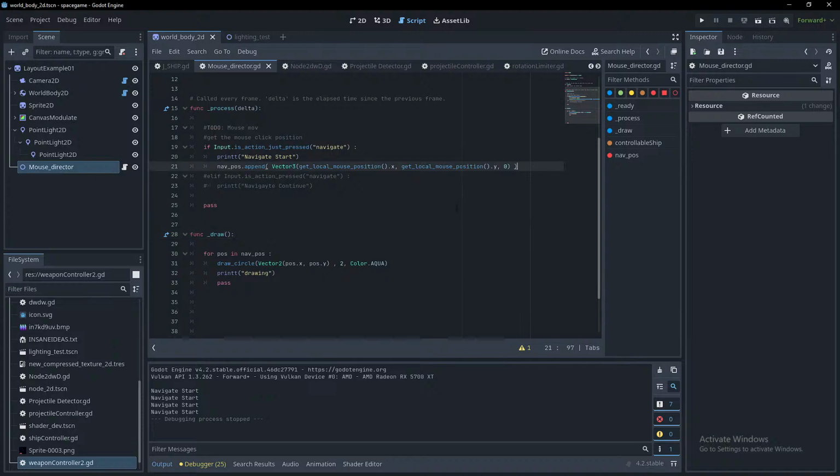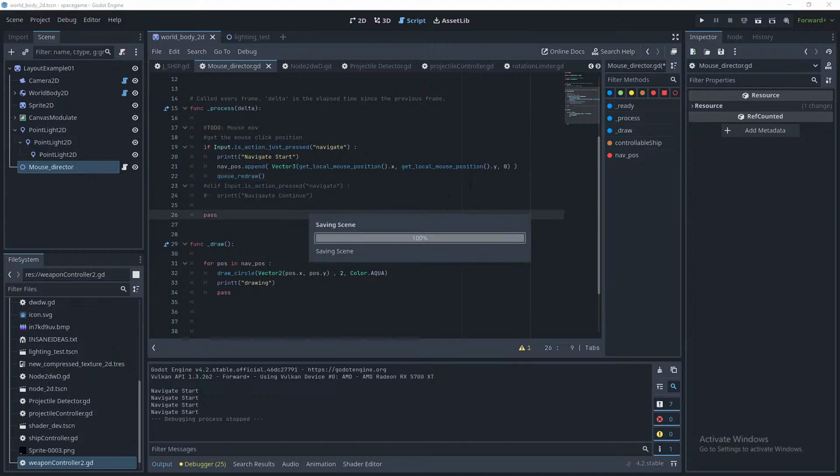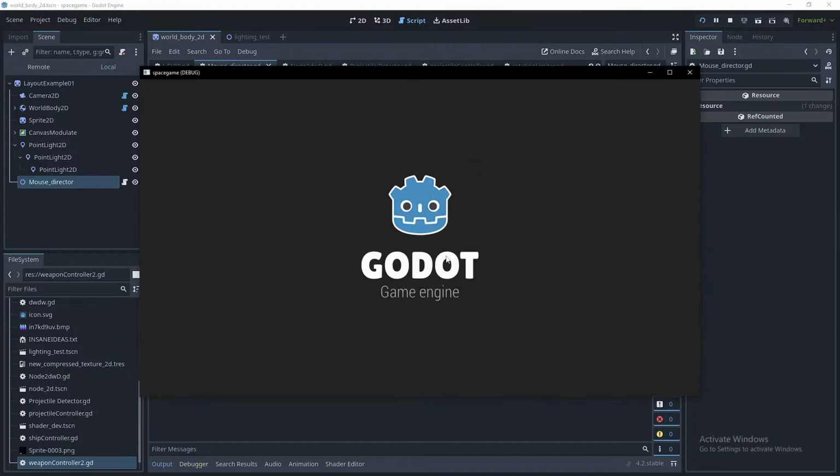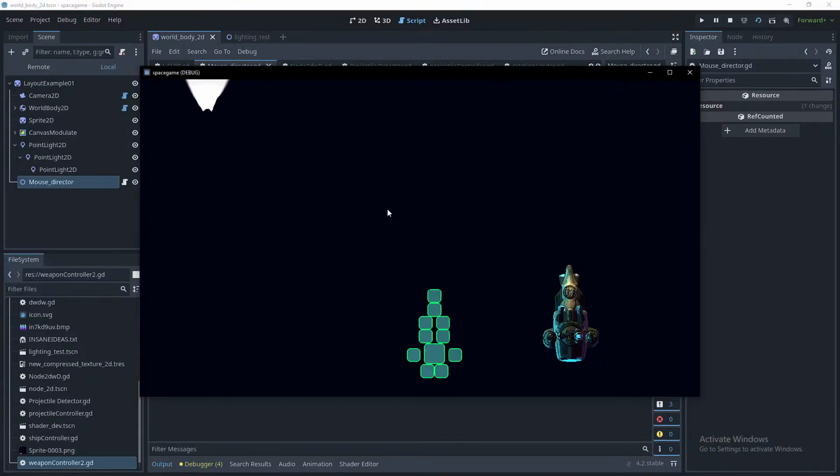Oh, you know what? Q redraw. Oh. Silly. There we go.